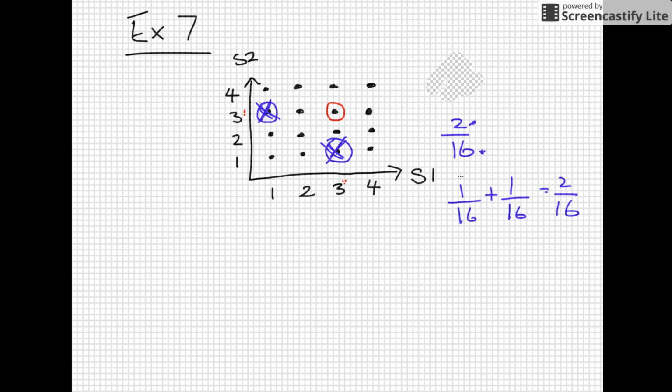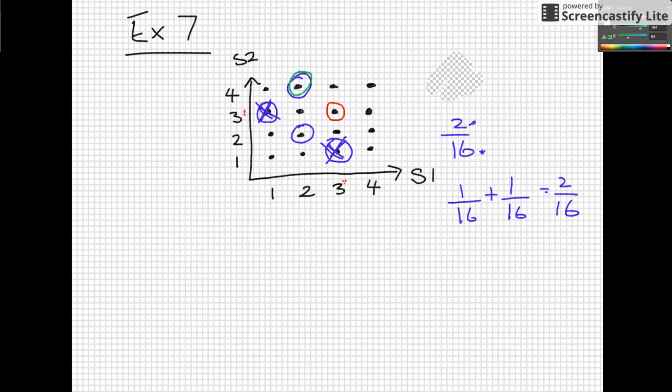So another question is, what is the probability of getting an even result with each spinner? That means we have to look at all the outcomes where both spinners have got an even result. So a 2 and a 2, a 2 and a 4. Sorry, I'll use a different color.